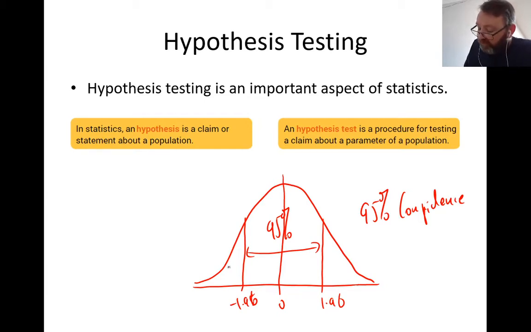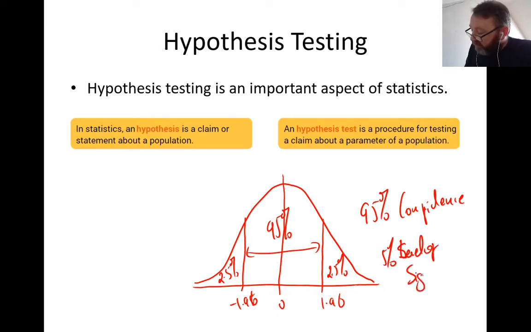The other 5% are in two different areas, meaning that there's 2.5% of the population there and 2.5% of the population there. So either you are within the 95% or you are within the 5%, okay? And that's what we call the 5% level of significance.